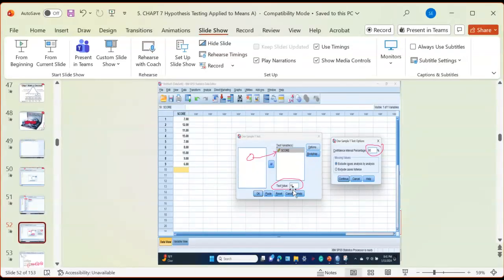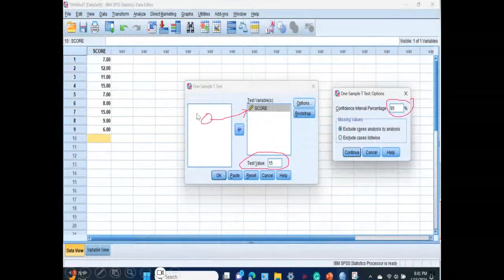And don't forget that the circle at the bottom, that right there, that's the score, but we don't have it for t-test. We don't know what the population mean is, but we know the last year's score was 15. Let me make this a little larger so you can see it. So your score from here, it goes to the right.